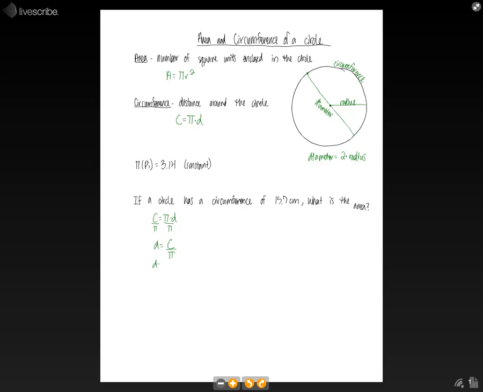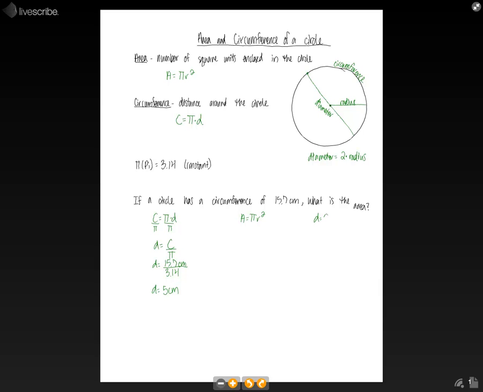If we plug in our values, we have 15.7 centimeters divided by 3.14, and we find that our diameter is equal to 5 centimeters. We want to find the area, and our equation is area is equal to pi r squared, so now we need to convert our diameter into a radius.